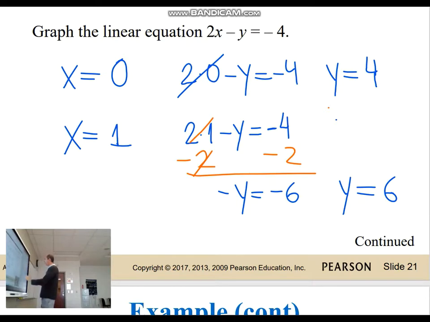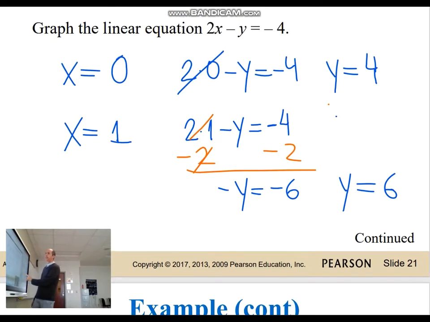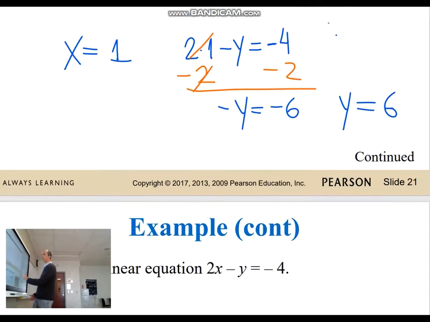You can also make y equal a number, any number. You can make x equal something and find y, or make y equal something and find x.